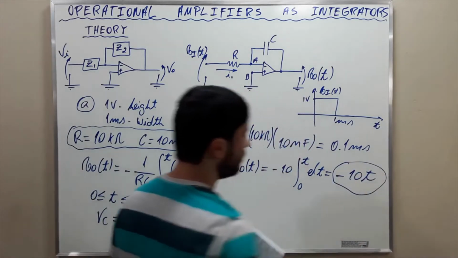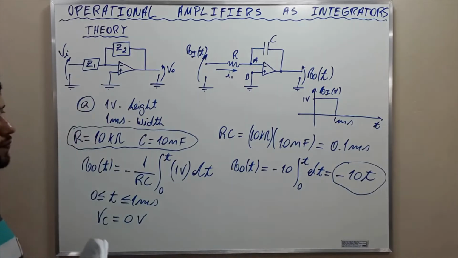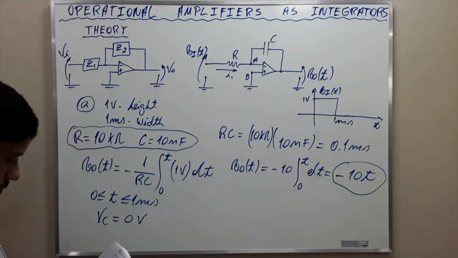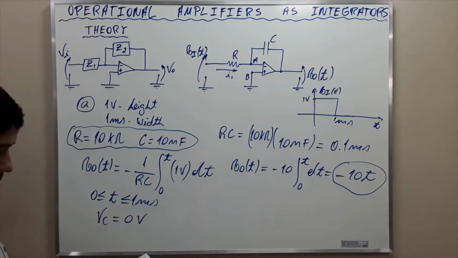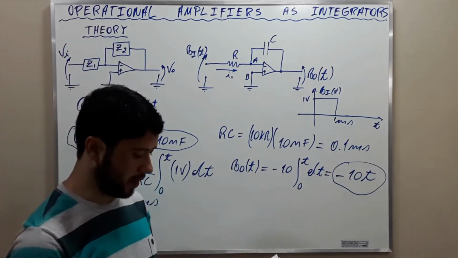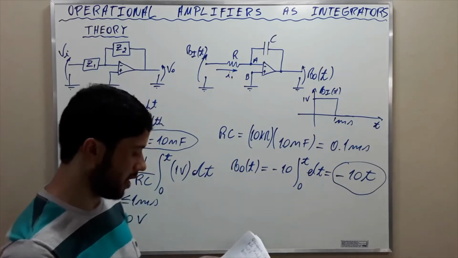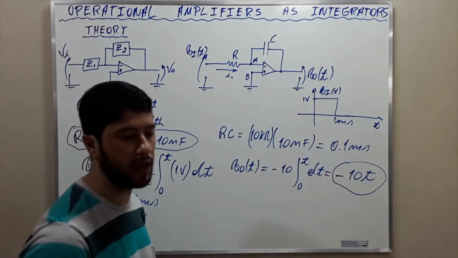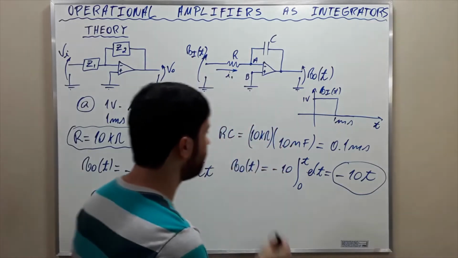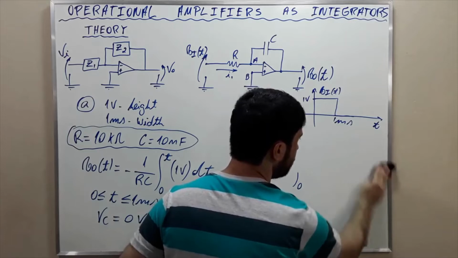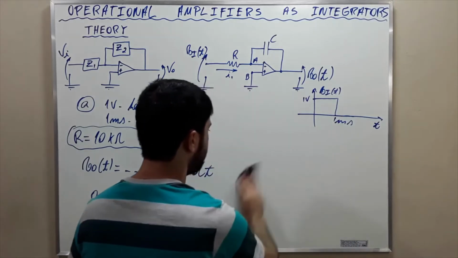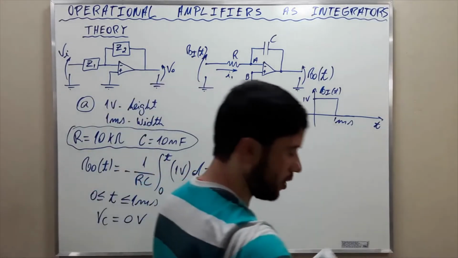Okay? This is the response from 0 to 1 millisecond. The output voltage reaches a magnitude of negative 10 volts at 1 millisecond and remains constant thereafter. I'm going to draw it for you here.